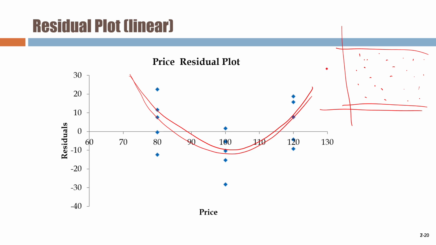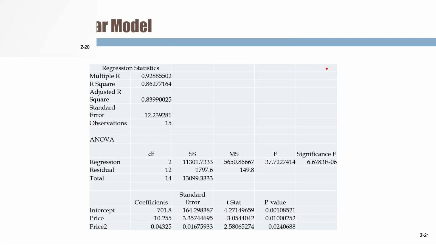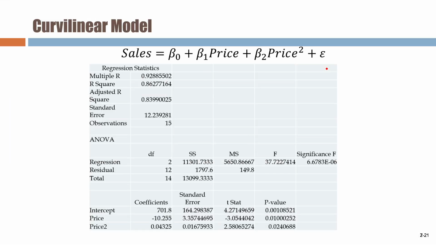Yes, I have to include the price square here. So I include the price square as a new variable. Now your R square is about 93%, right? The previous one was 88. Still, this is significant, and even price square is significant, and price is also significant.